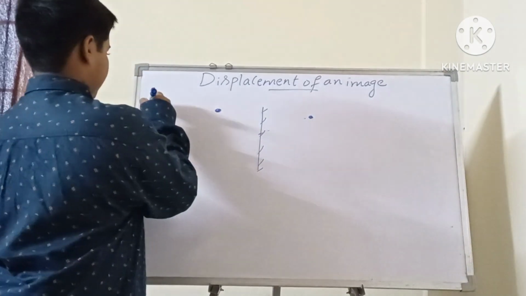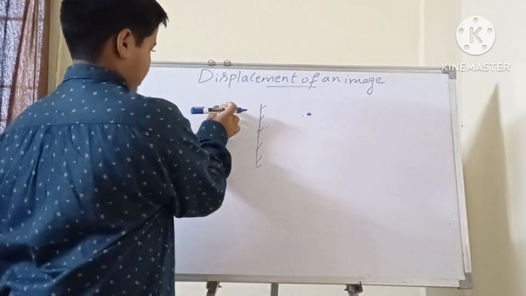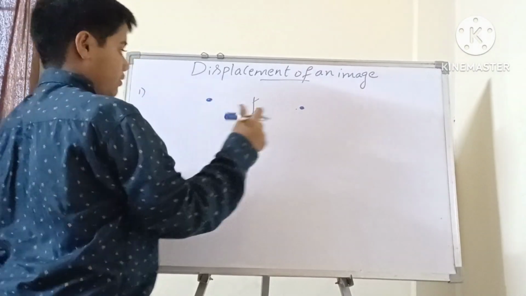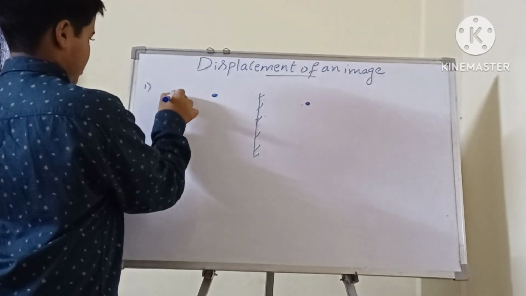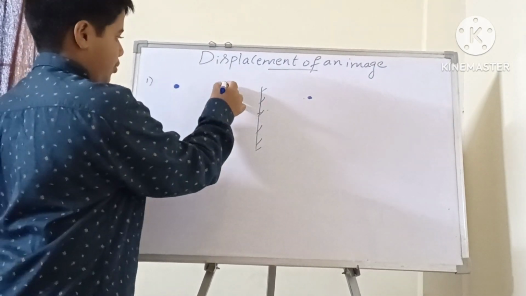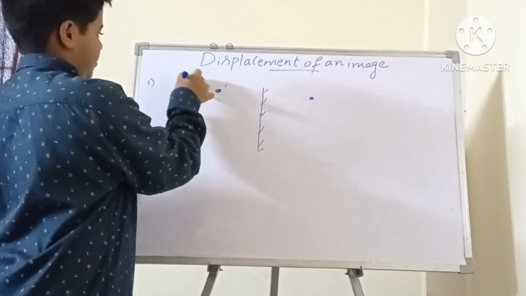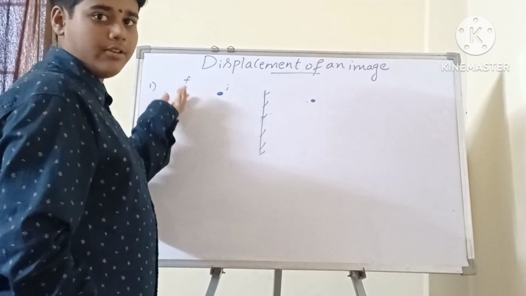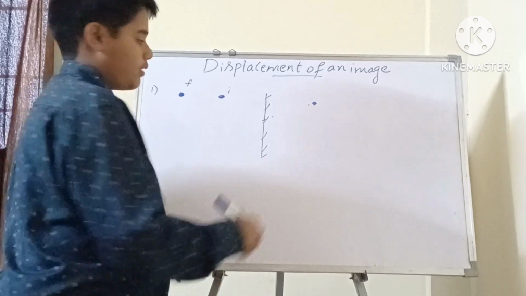This is the first case. So this is an object and the image of the object is this. I am displacing the object some distance like this. This is the initial position and this is the final position. Here the object is here, so where will the image form? Here.